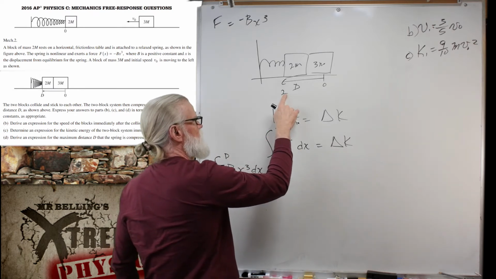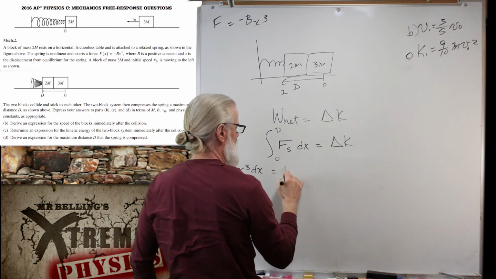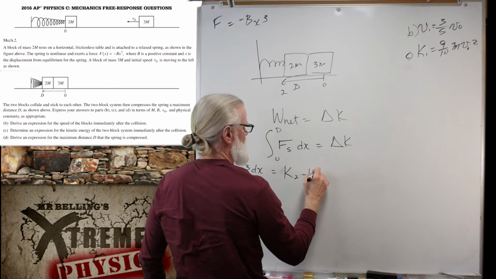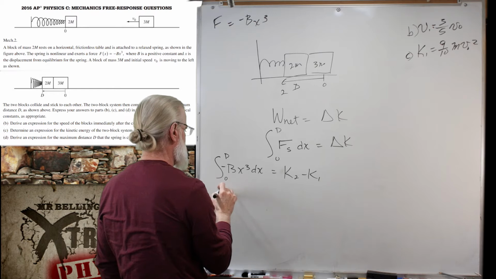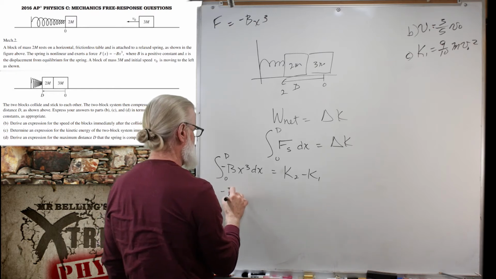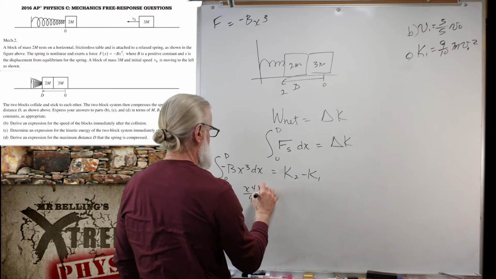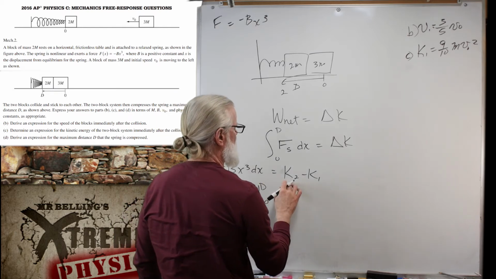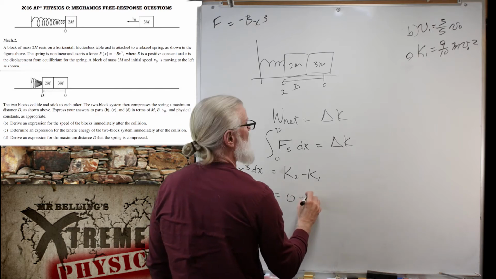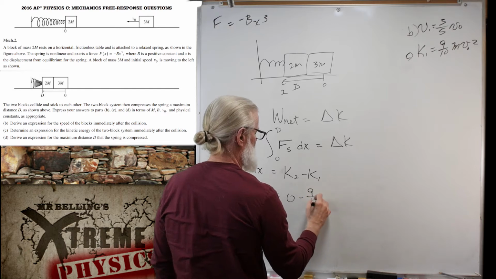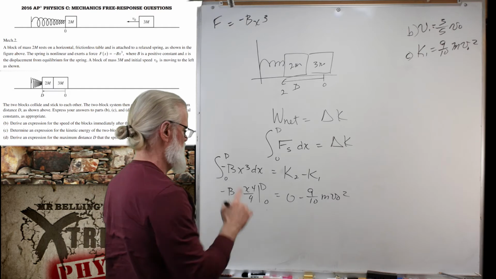Which in this case, I'll call this position 2 when it gets here, and position 1. So delta K is K2 minus K1, right? So we're going to end up with negative b x to the 4th over 4, from d to 0, equals K2, which is 0, minus 9/10 m v0 squared, right?